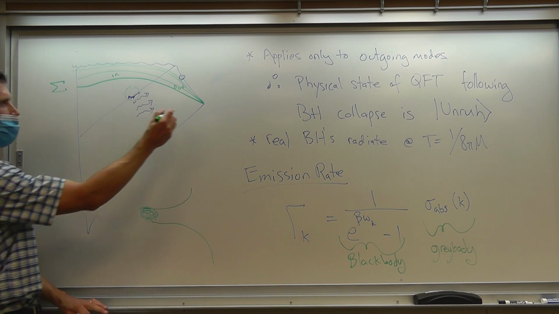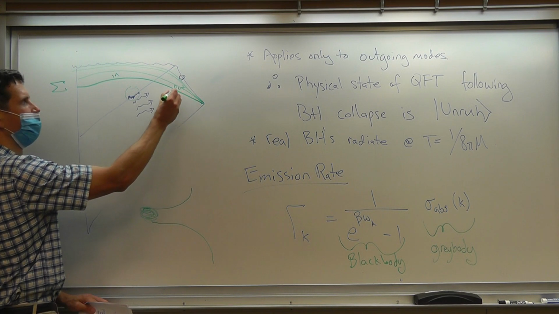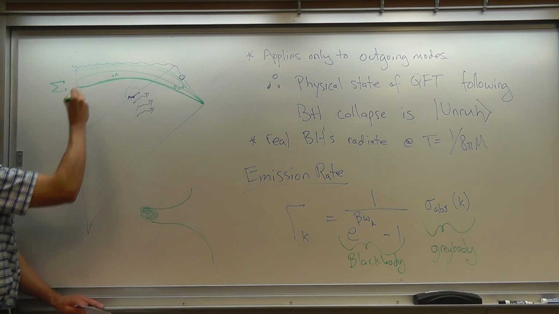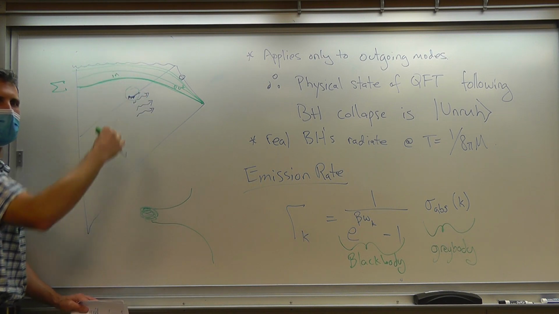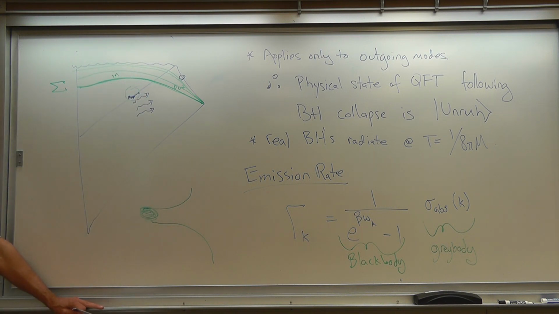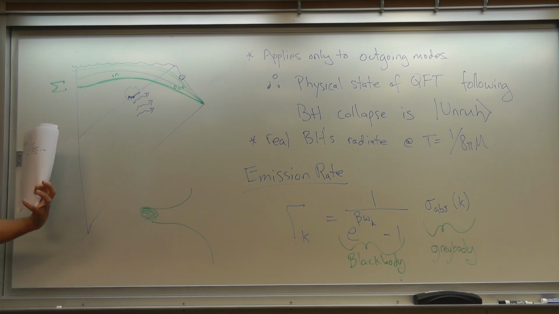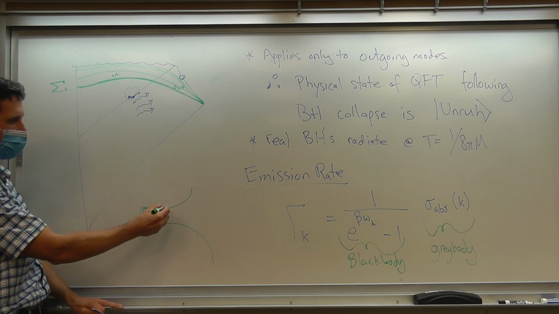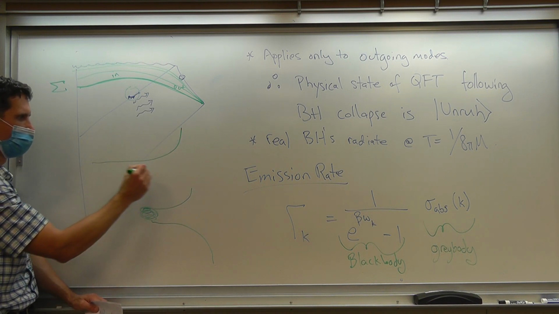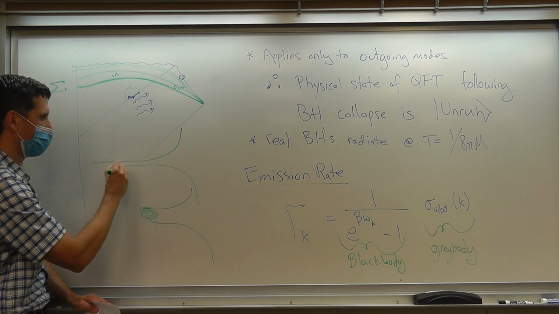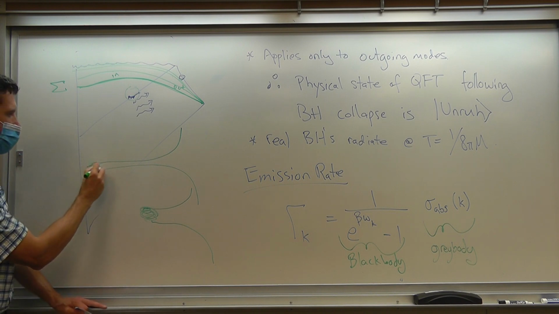What I'm doing is drawing the spatial geometry on this first slice here. But as we go further in time, you may have seen in a GR course the discussion of the Einstein-Rosen bridge and how it stretches and squeezes as you go in time. The same thing is true here. So what happens as we go to a later time is that this gets longer and skinnier. And the star is down here somewhere.